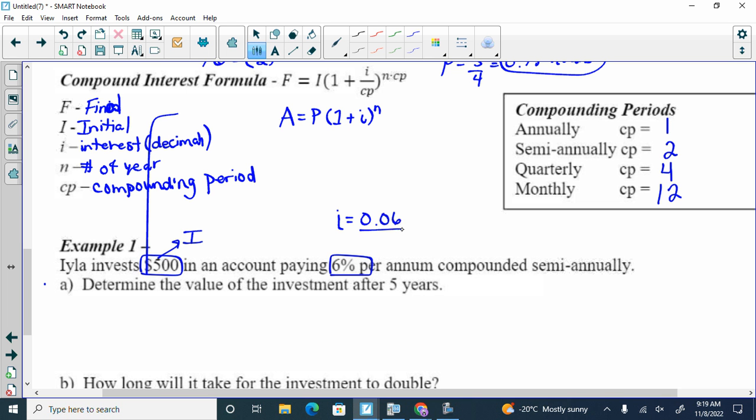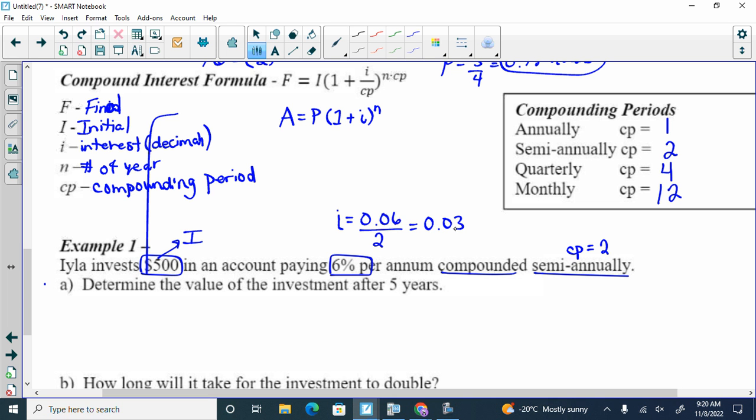Compounded, that's how I know it's a compound interest formula. Compounded semi-annually. So my CP is 2. So my i is going to be divided by 2. So my i is actually 0.03. Do you agree?